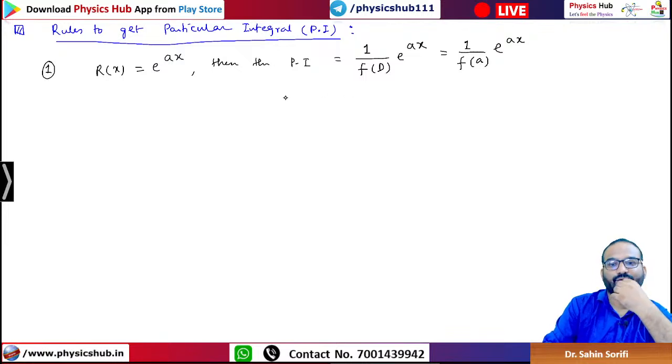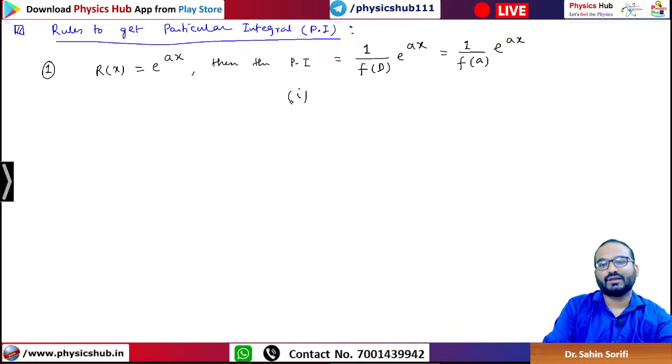Now there may be two cases here also. If f(a) becomes 0, then this function will be undefined or divergent.